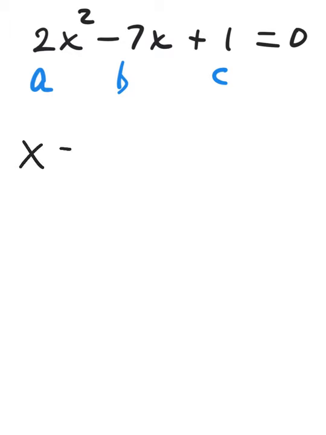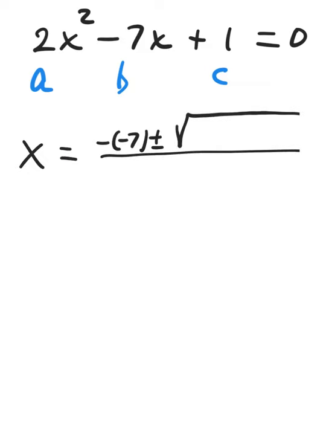Okay, so we've got x equals long fraction bar minus b plus or minus square root b squared minus 4 times a times c. Excuse me.